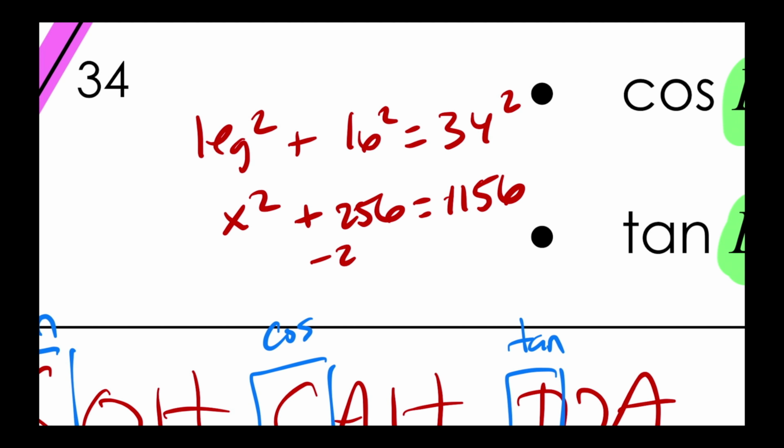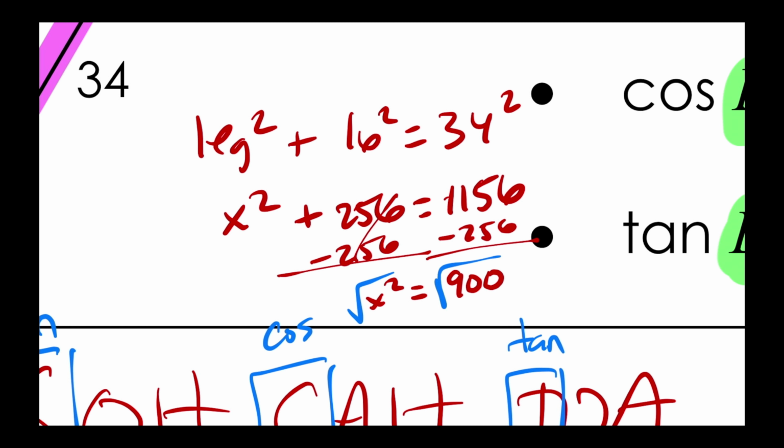Okay, and then you just subtract 256 on both sides, and we get x squared equals 1156 minus 256, which is 900. And then we just square root both sides, and we get x equals the square root of 900.